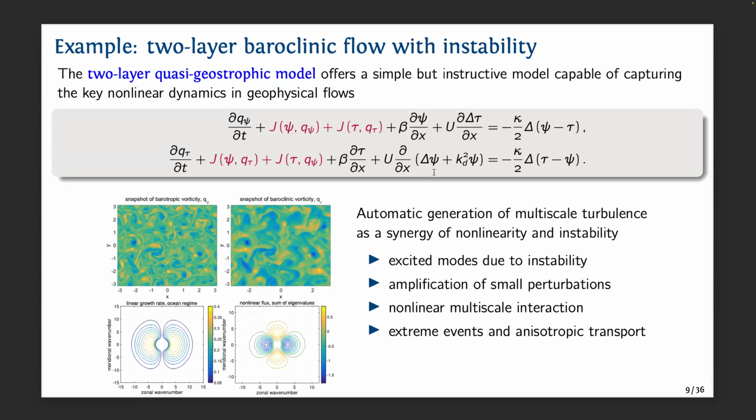The two Qs you can view as the vorticity in the upper and the lower layer of the shallow water, and this linear effect beta is the rotation of the Earth. Capital U is the mean flow, and the right-hand sides are the dissipations, the damping frictions of the boundary condition. And the nonlinearity is from these Jacobian terms. So that's the advection term from the shallow water equation. These are exactly the same.